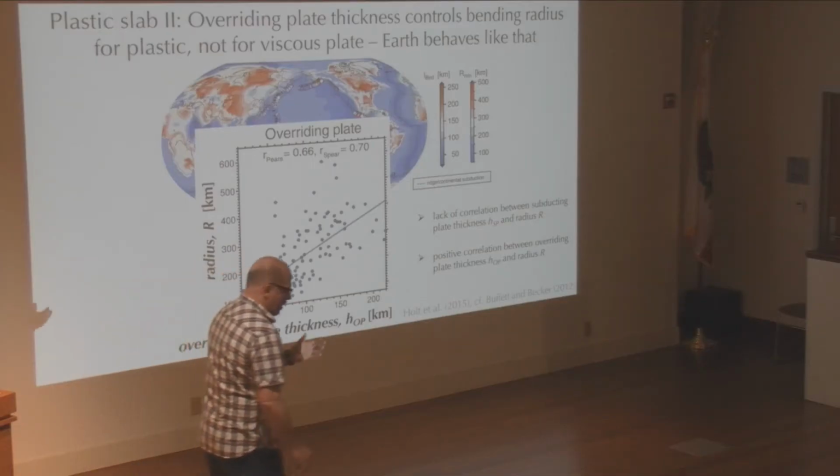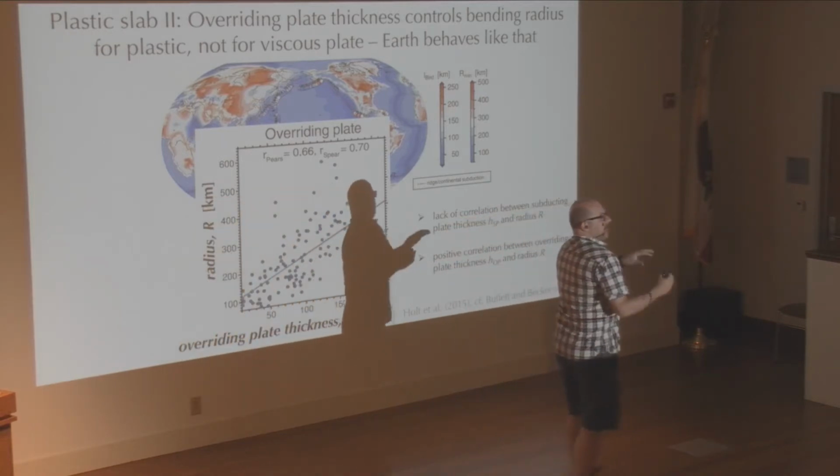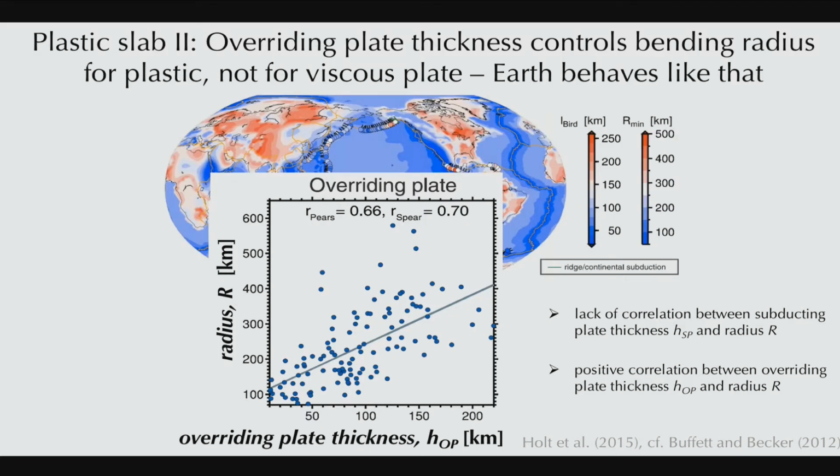Now, another piece of evidence that a plate might be affected strongly by plastic deformation comes from a reanalysis of this global ensemble of subduction zones in terms of the relationship between overriding plate thickness and bending radius. It turns out if you have a purely viscous plate, like the one I showed earlier, the overriding plate should have no control on the bending radius.